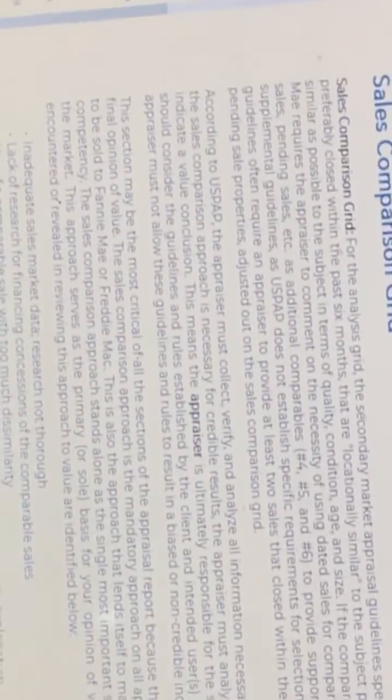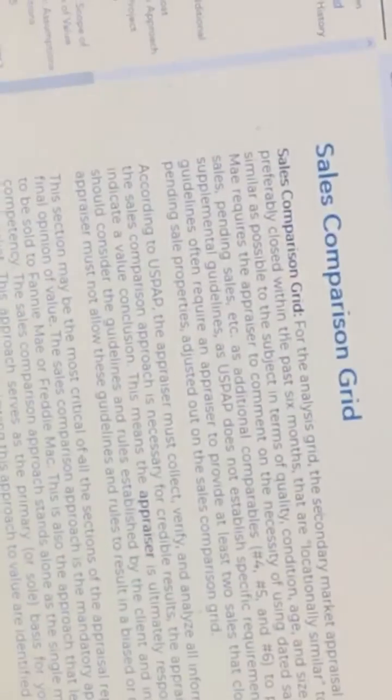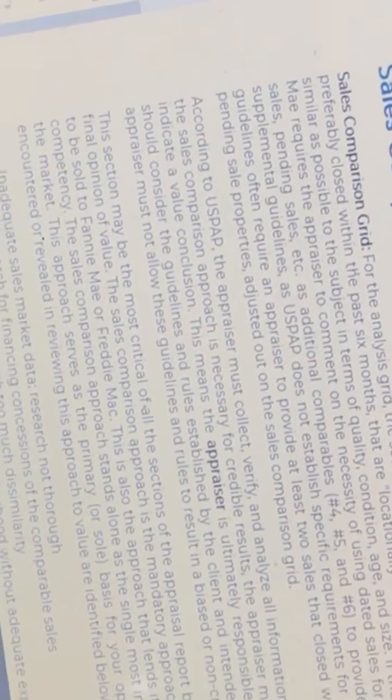Current underwriting guidelines often require an appraiser to provide at least 2 sales that are closed within the last 90 days and/or provide 2 listings or pending sale properties adjusted out on the sales comparison grid.